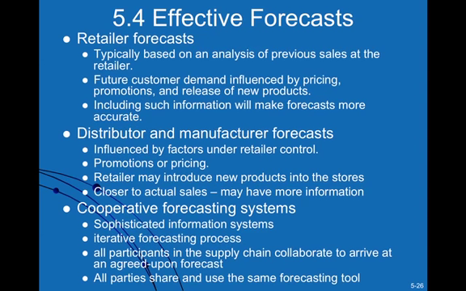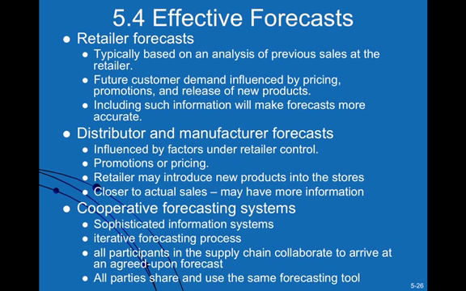If we could improve forecasting at the retailer, at the distributor, certainly we could reduce the effect of variability in the supply chain, and that often requires some sort of cooperative forecasting systems where the partners in the supply chain agree to work together to firm up the forecast.